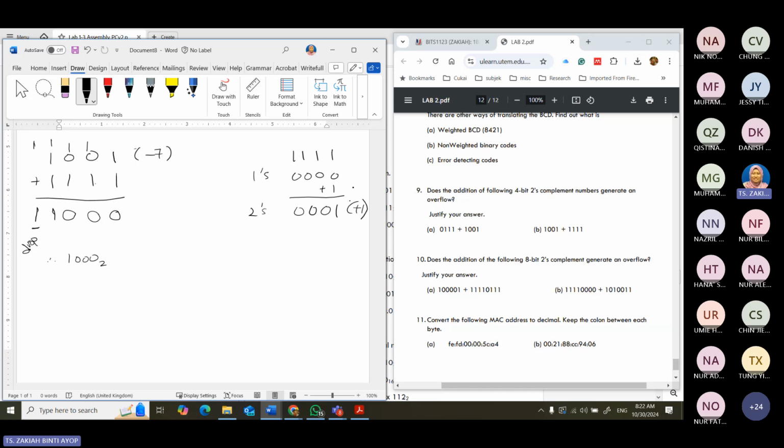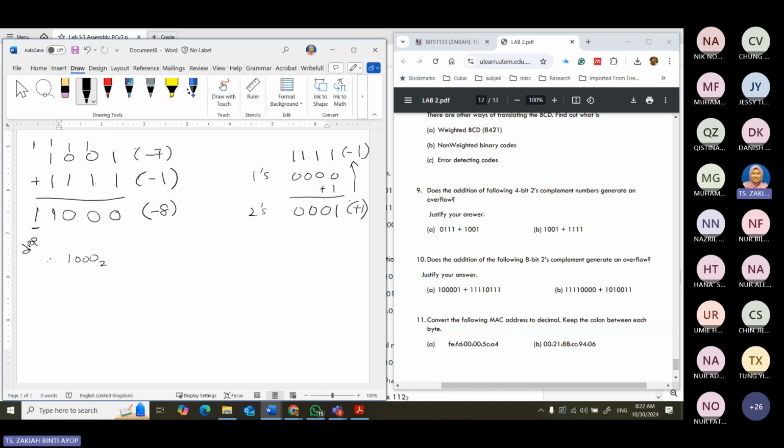So if we reverse back again, then this is a negative 1. So you will write this as a negative 1. Now what you would get is negative 7 plus negative 1. So the final answer should be negative 8, right?